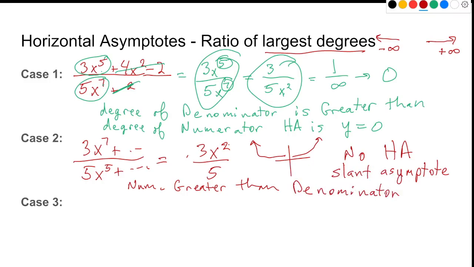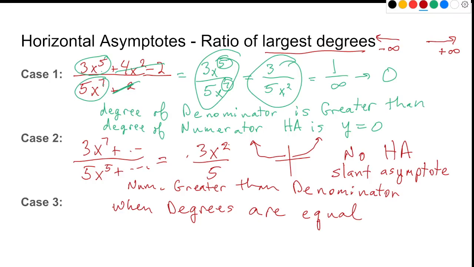Yeah, denominator greater than numerator, so that switches it. And then now, when the degrees are equal. Okay, and you'll see examples of all of these in the course notes in Canvas.